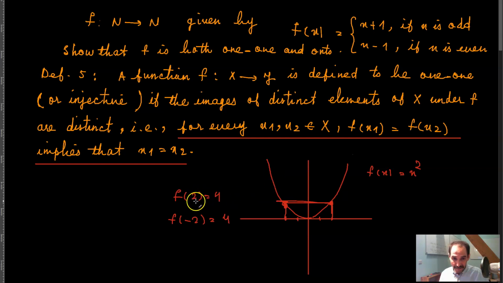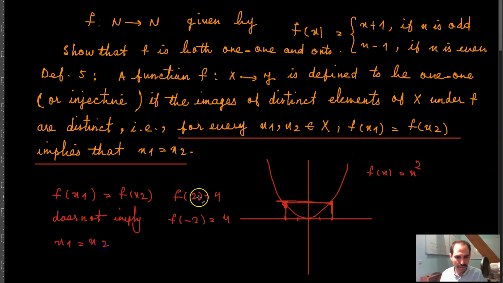So here you can see that f of x1 is equal to f of x2, f of 2 is equal to f of negative 2. This does not imply that x1 is equal to x2, because x1 is equal to 2 and x2 is equal to negative 2, and x1 is not equal to x2, right? So in this case you cannot say that this function is 1-1. It's many-1.